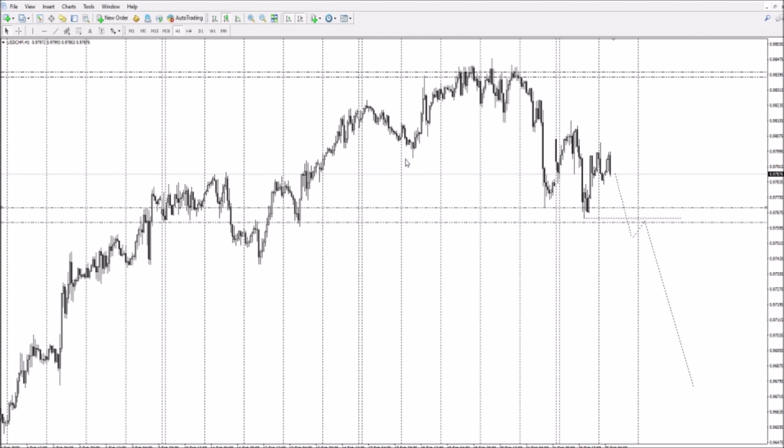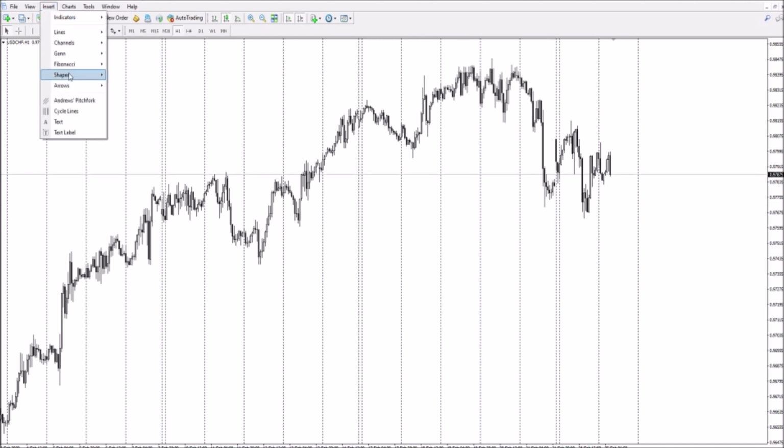So let me just clear this all up and put it into basic terms. Monday's high, Monday's low, breakdown below here, and we'll be looking to sell.